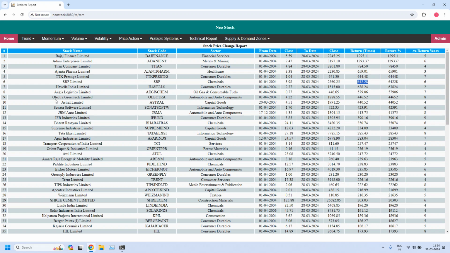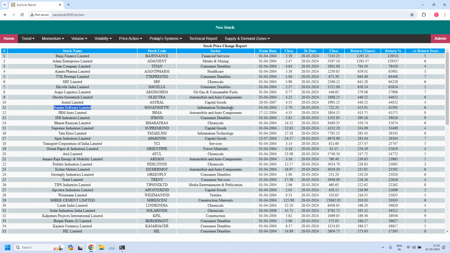Havells is there, Aegis, Olectra, Astral is there. Astral, it would have given you 4 crores 40 lakhs rupees. And Sonata Software, this is the one performed very well among all the IT stocks.